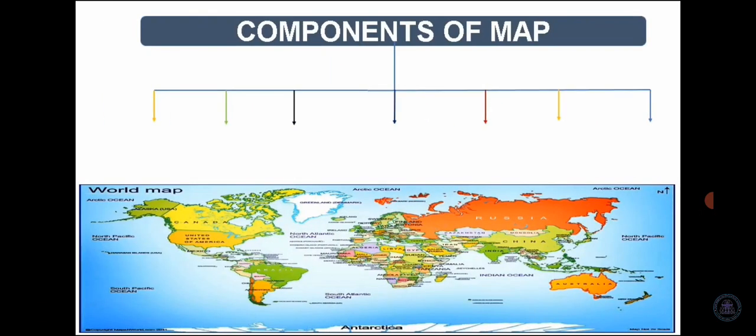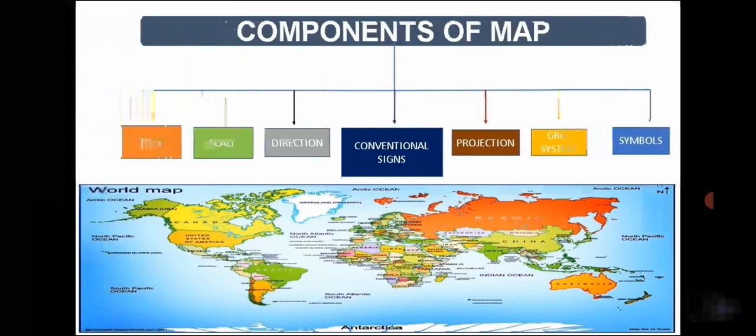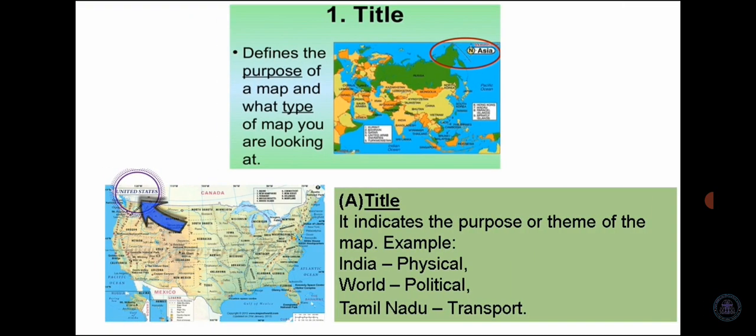Components of map. A map should include the following components, namely the title, scale, direction, grid system, projection, legend, conventional sign, and symbol. Let's see them one by one.